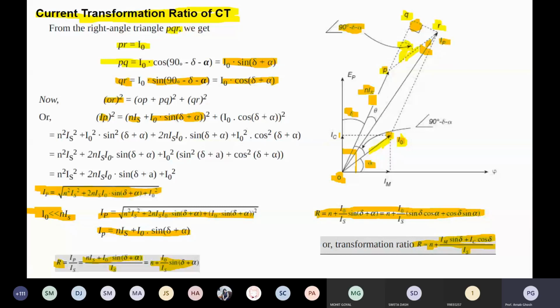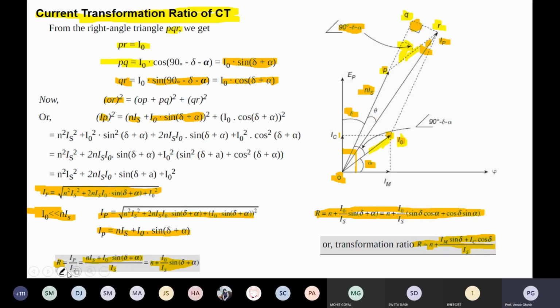That means the reflected secondary current phasor NIS differs in phase from the primary current IP, and this is called the phase angle of CT.